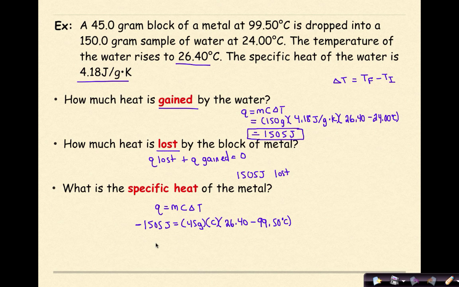So when I work this out and I solve for specific heat, I find that the specific heat of my metal here is 0.457 joules per gram Kelvin. And that is the specific heat of my metal.